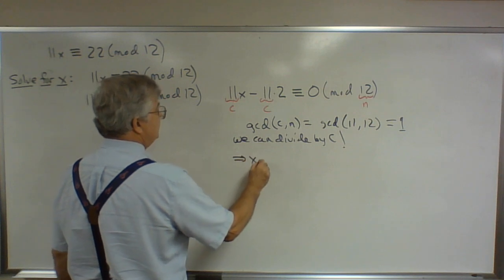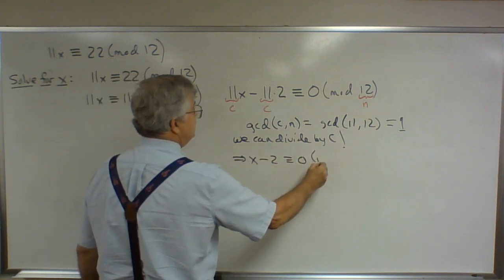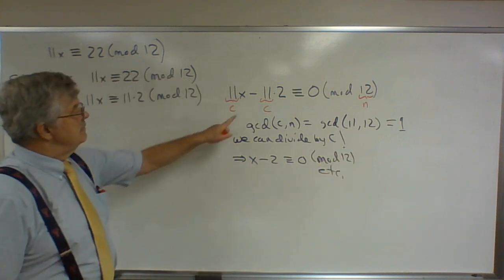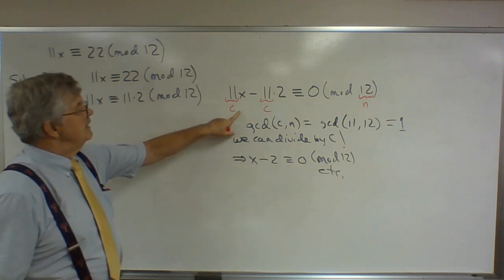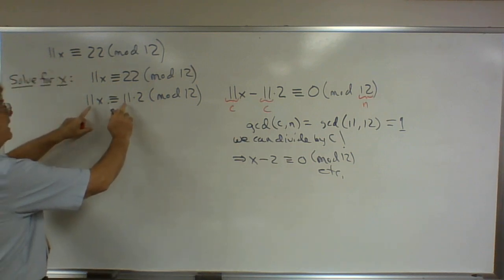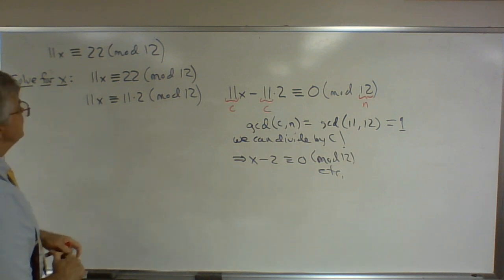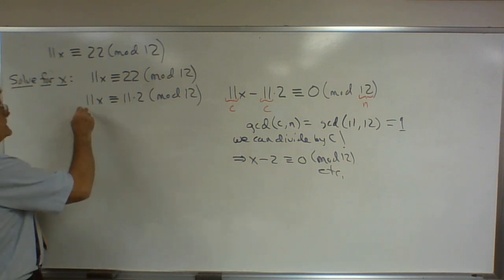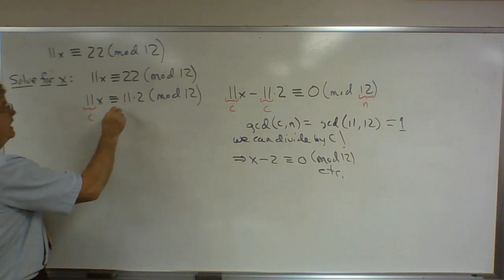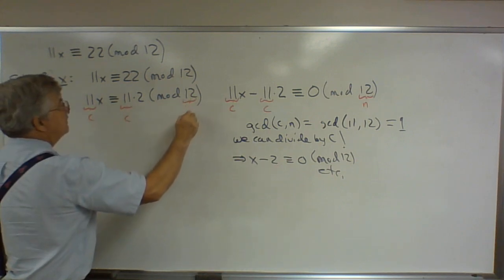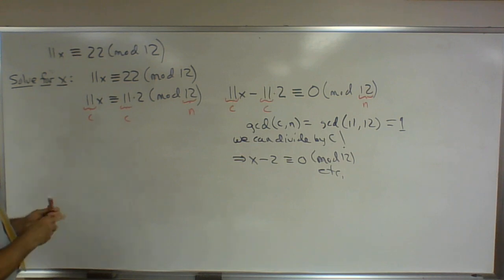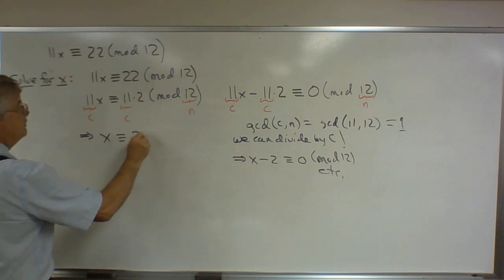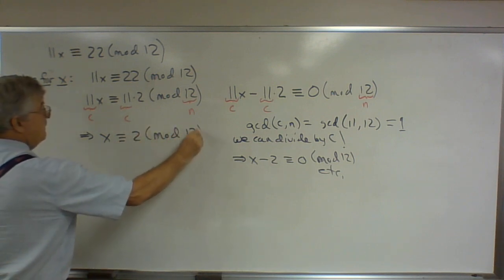And that would give us x minus 2 congruent to 0 mod 12. So the point is, we can divide by 11 here. It's the same thing. And the fact that 11 and n are relatively prime means that we can divide and not compromise the sense of the congruence. So we're going to get x is congruent to 2 mod 12.